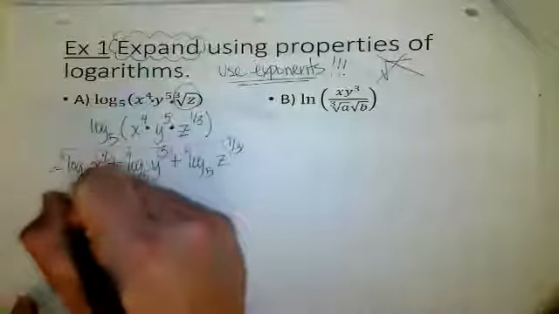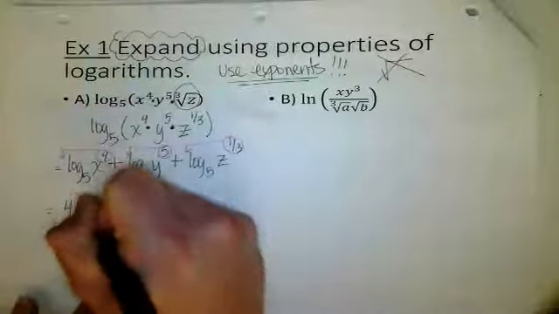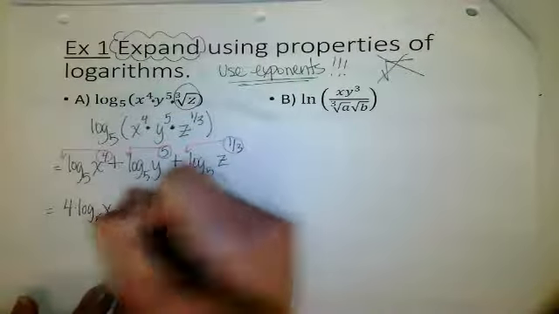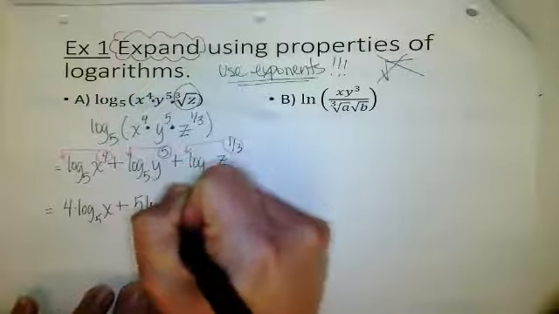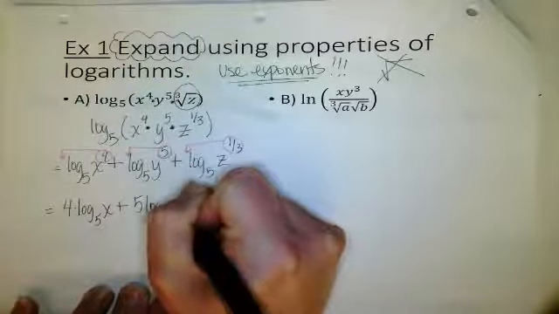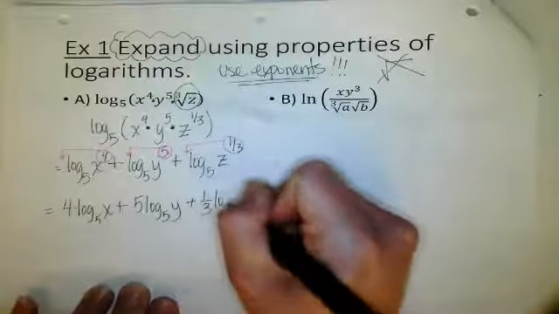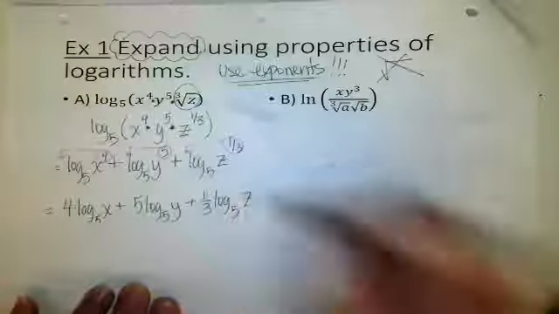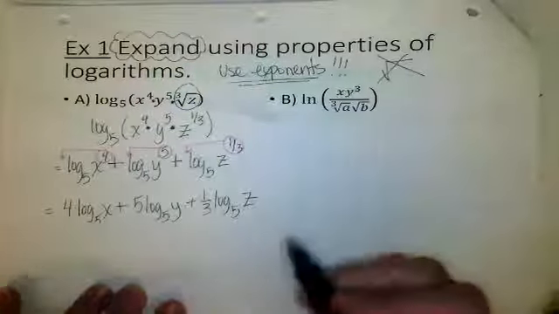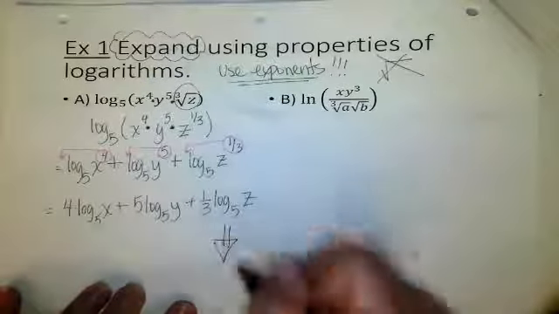I'll write it out. So we would say 4 times log base 5 of x plus 5 times log base 5 of y plus, I could write 1/3 log base 5 of z. And it would be equivalent.